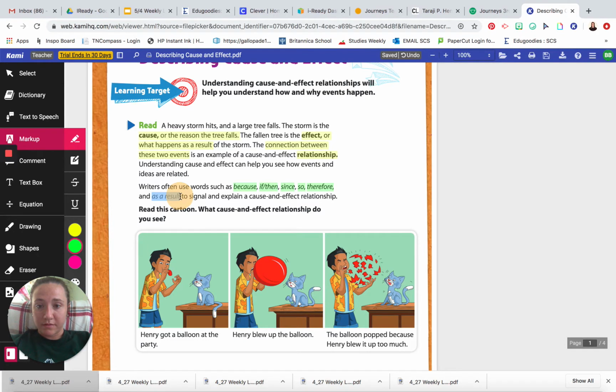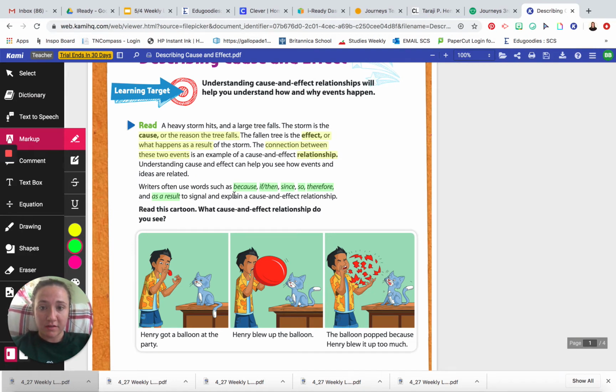For example, if I were to use the word because to describe a cause-effect relationship, I could use a sentence like, the girl fell because her shoes were untied. The cause was that her shoes were untied. The effect was that she tripped and fell. I use the word because to help me describe that cause-effect relationship.